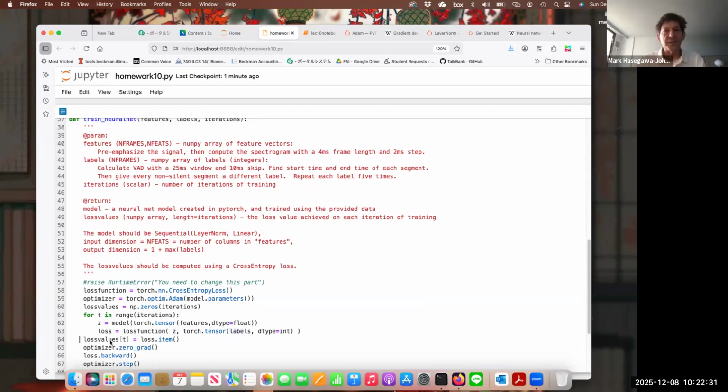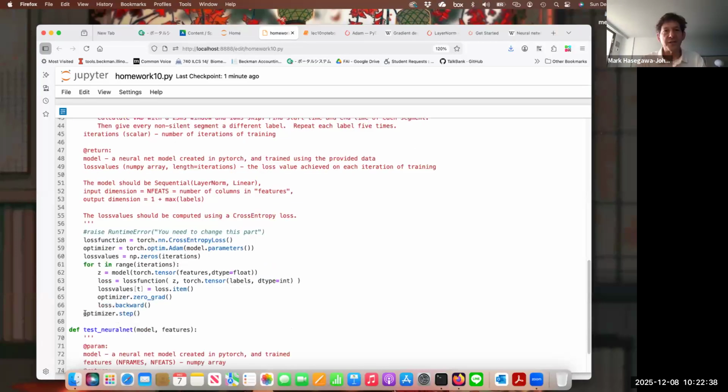I'll take that loss item and add it to the loss values, and then I will use that loss item to calculate the direction in which the parameters should be updated and to update the parameters. And what I want to return at the end is the trained model and the set of loss values.